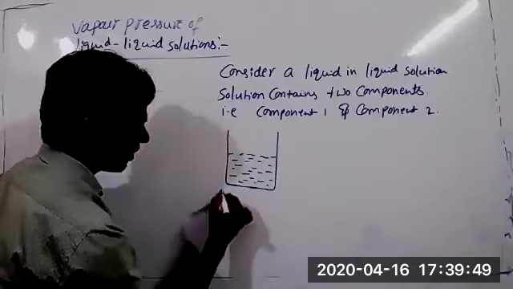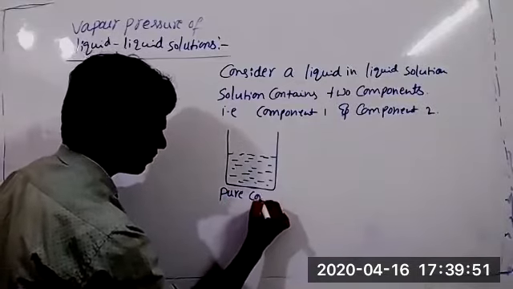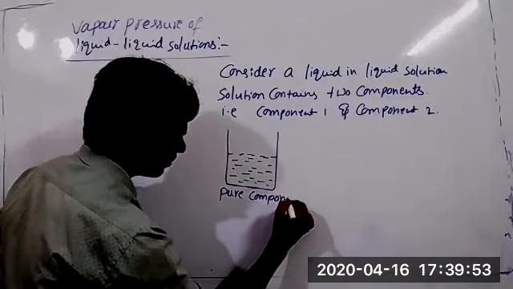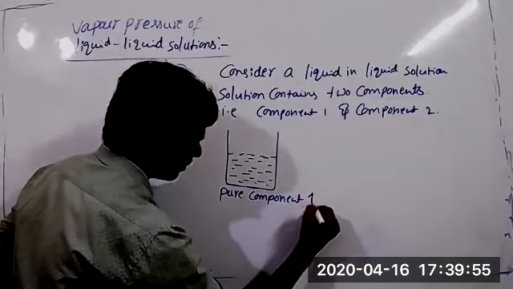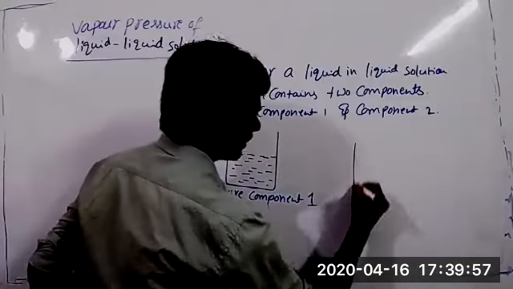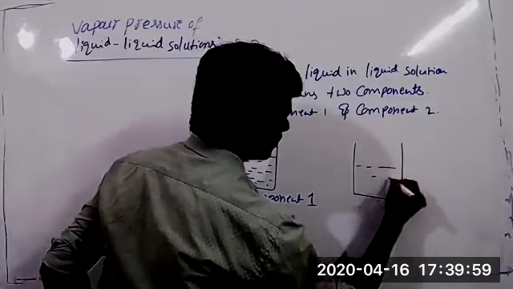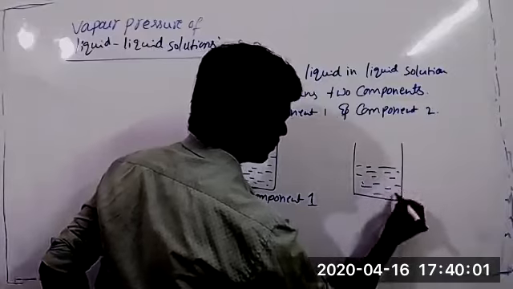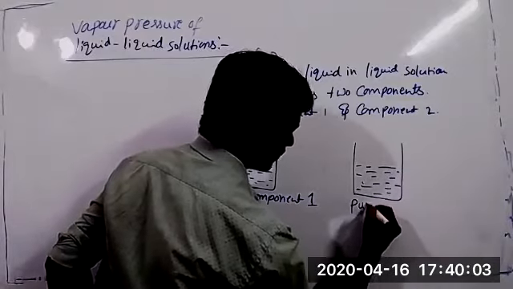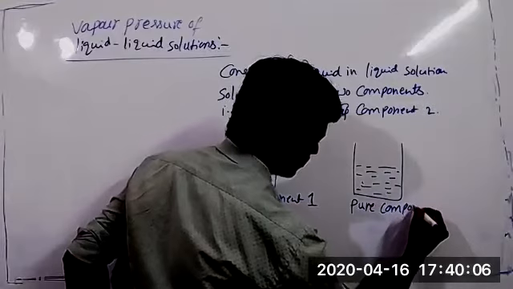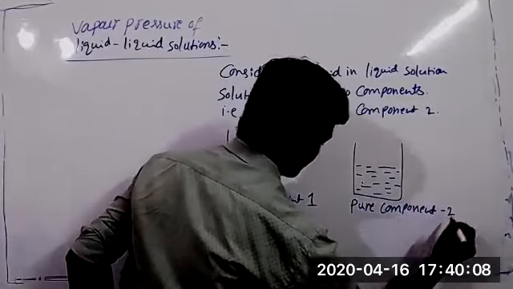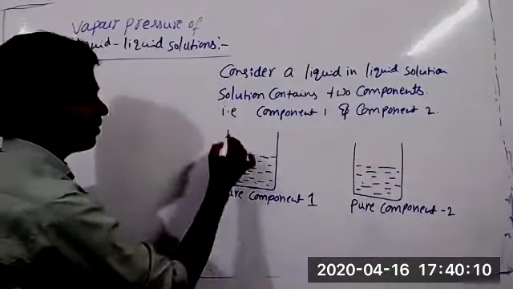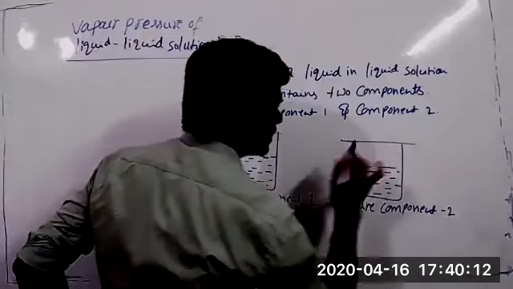So this is pure component 1. Another beaker, pure component 2. Both are closed, and each is a pure component.